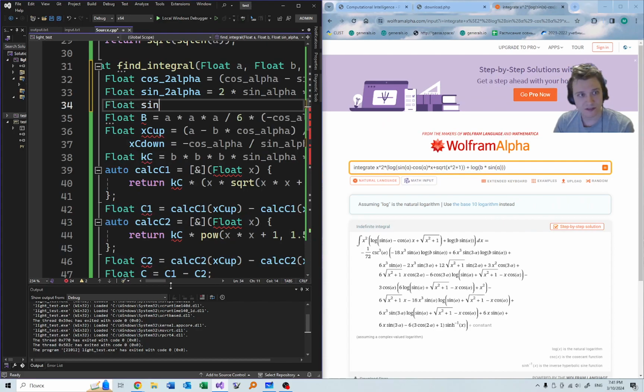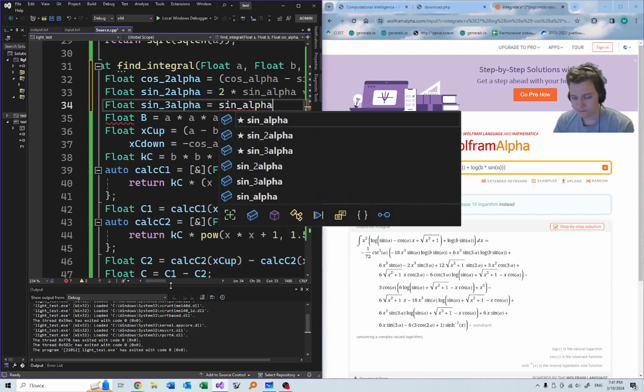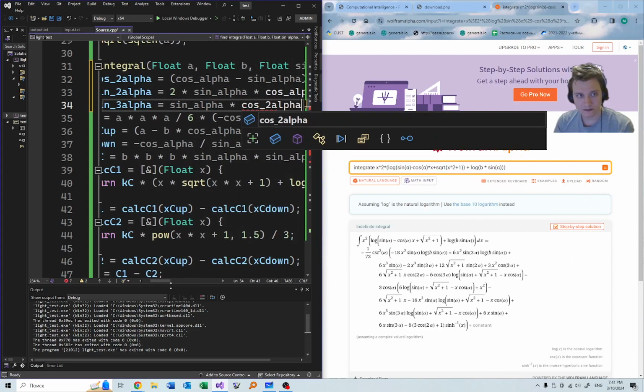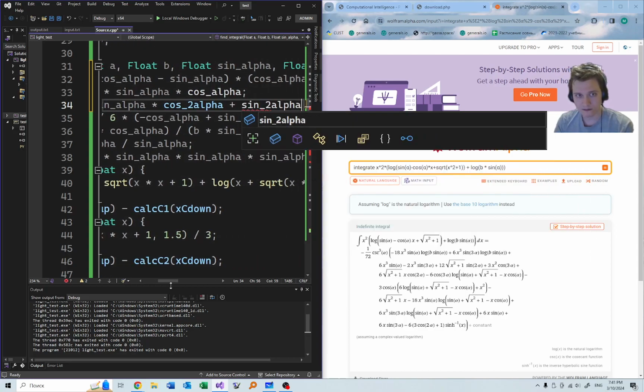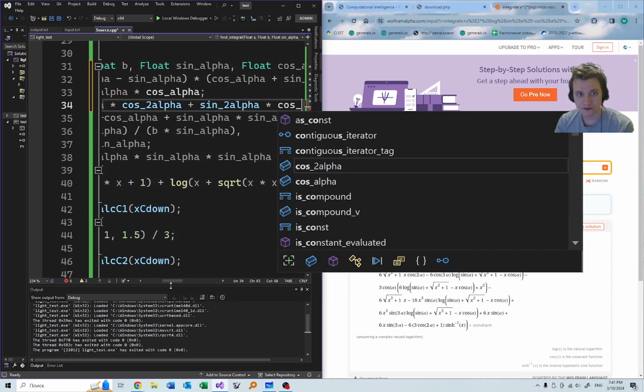Sin 3 alpha equals sin alpha times cos 2 alpha plus sin 2 alpha times cos alpha.